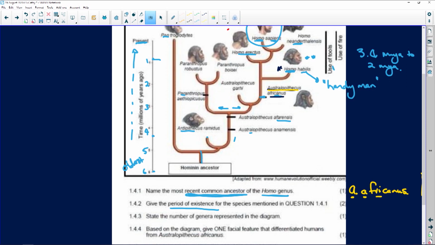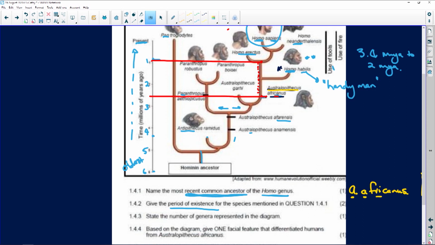This will be there, and then they stopped here, because they don't show between here and there that Australopithecus africanus disappeared at any point. So they don't show that it became extinct.